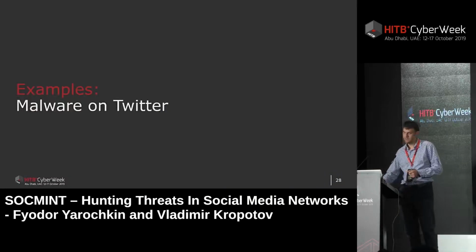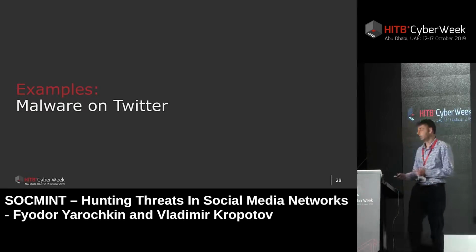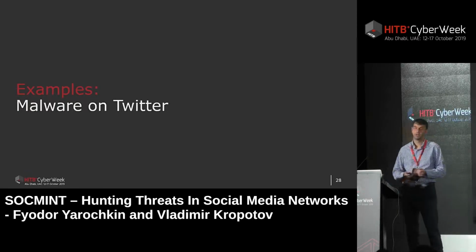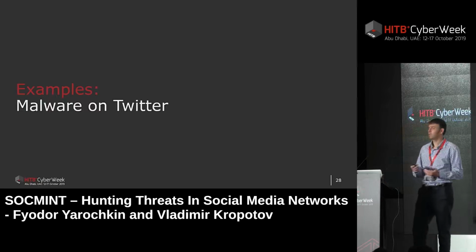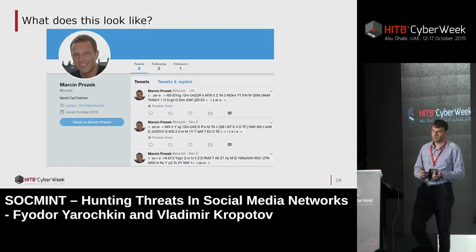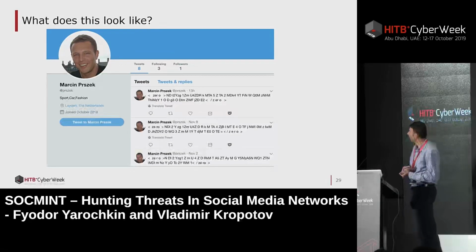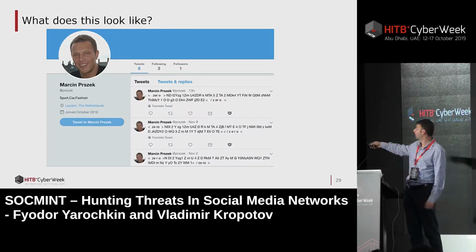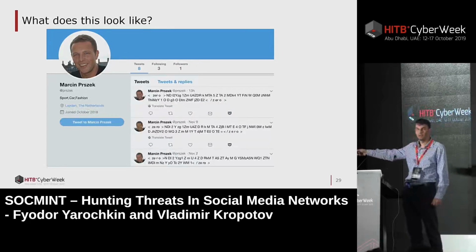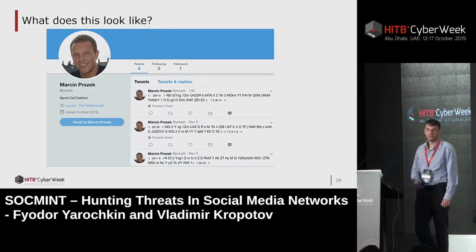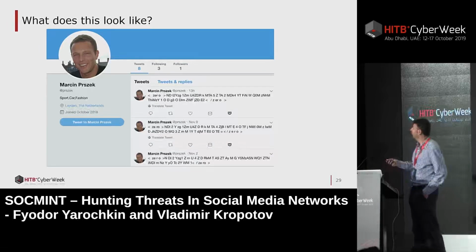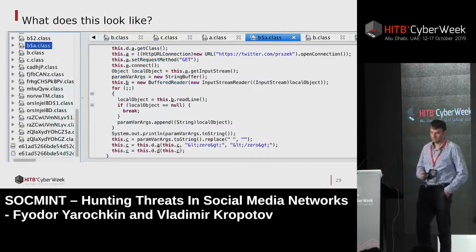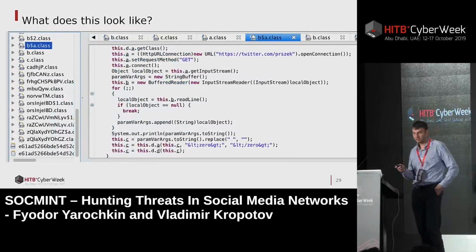In our case study, it's malware on Twitter. Before, we discussed how to collect threat intelligence and indicators, but in some cases we have another situation. Can anybody understand what is here? Nothing. Okay. This account was used by Anubis malware.